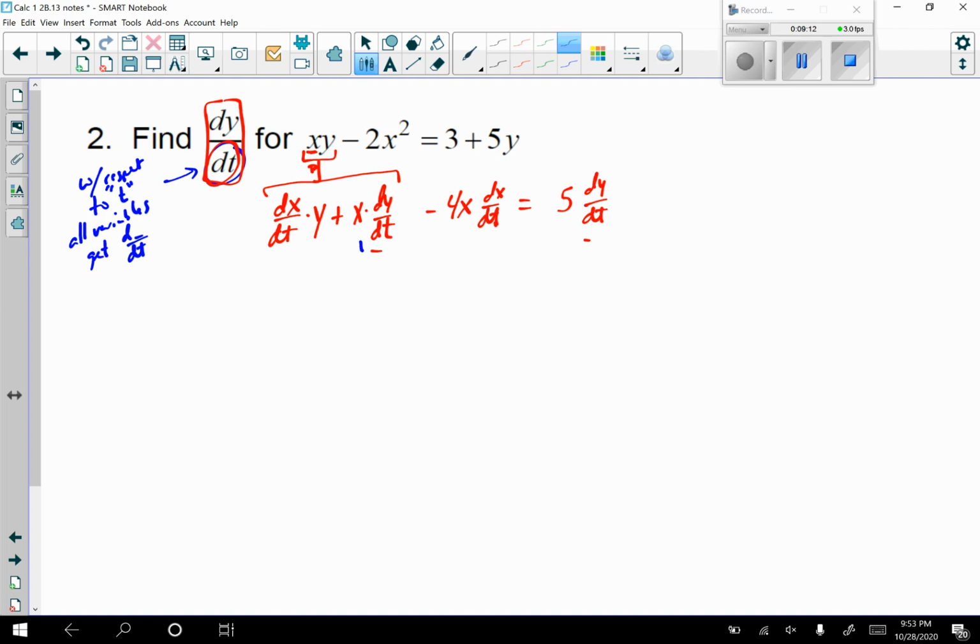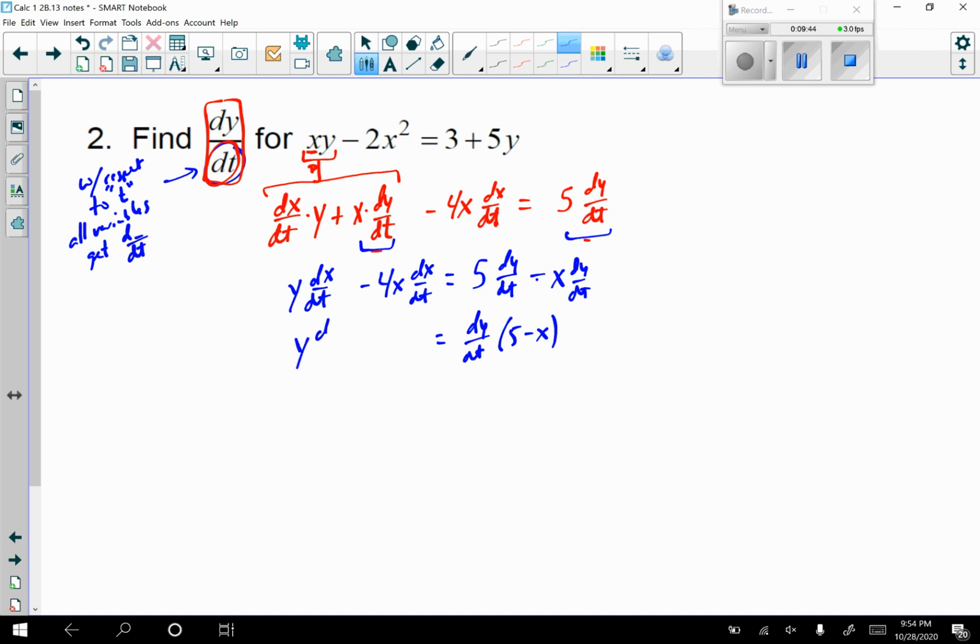So this term and this term are the ones we want to get together. So over on the left, I'm going to write y dx dt. Kind of put the dx dt last, I guess. Minus 4x dx dt equals 5 dy dt minus x dy dt. Factor that out: 5 minus x. And divide by that.